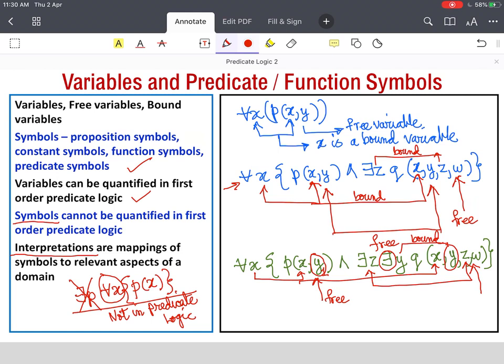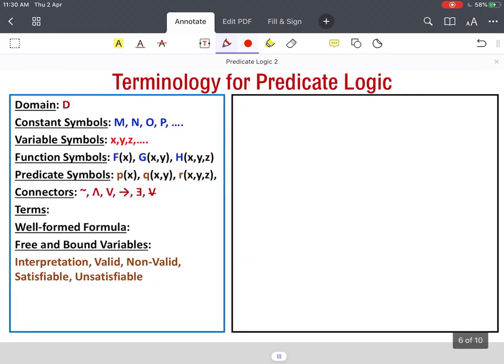But now when we come to cases where we have variables, function symbols, constant symbols, propositional symbols, predicate symbols and quantifiers, the meaning of an interpretation is more complex, and we shall see that in this lecture subsequently. Before we go to interpretations, to understand interpretations, we now try to understand the terminology of predicate logic.